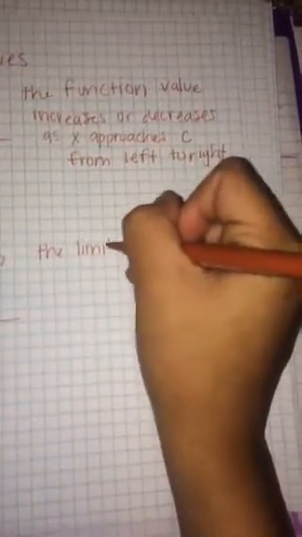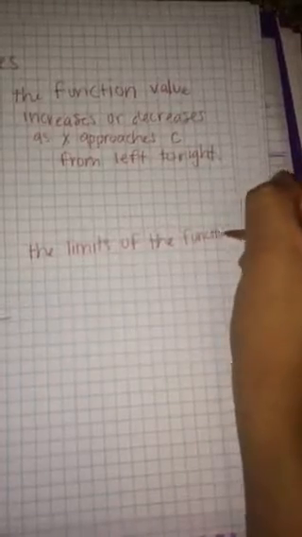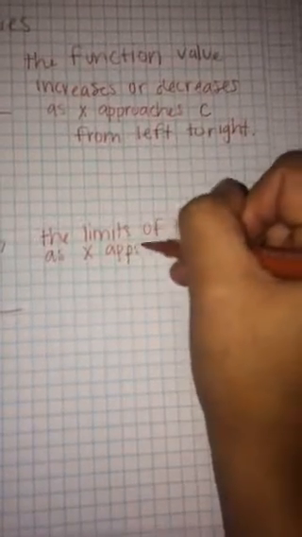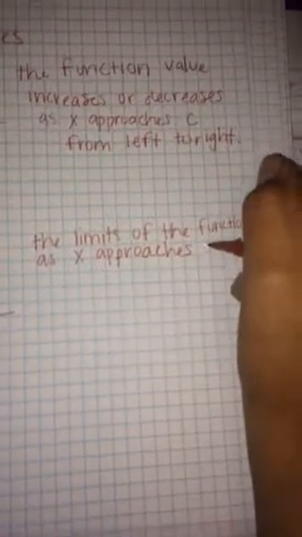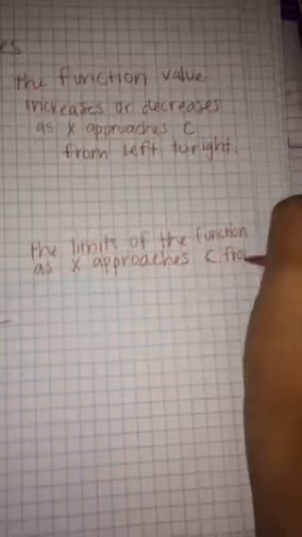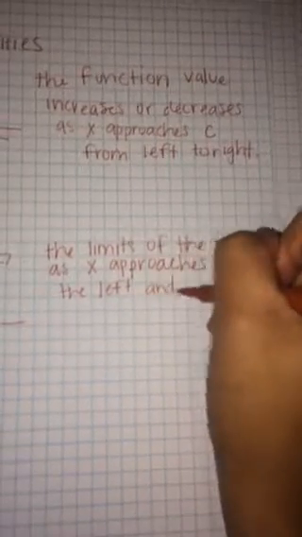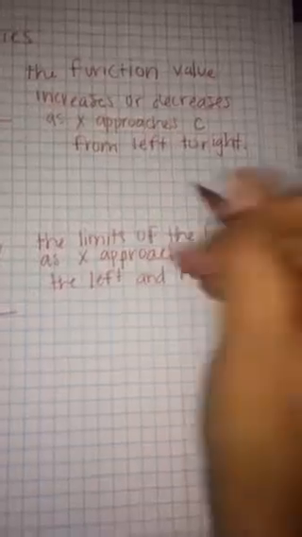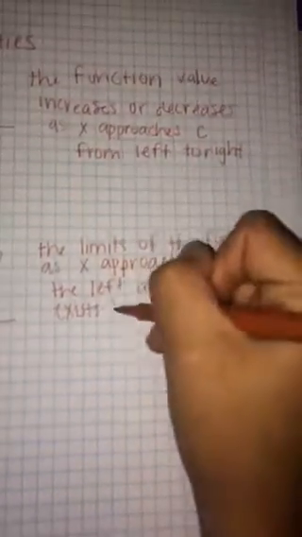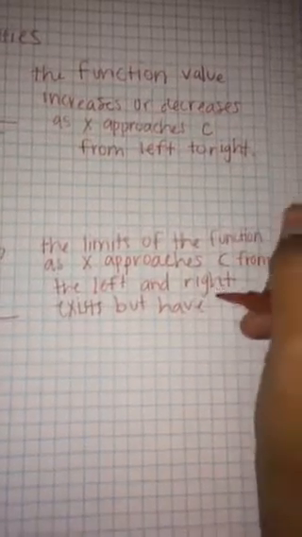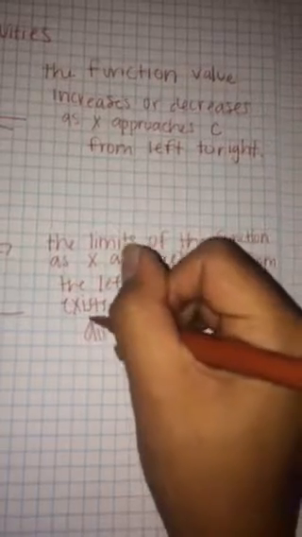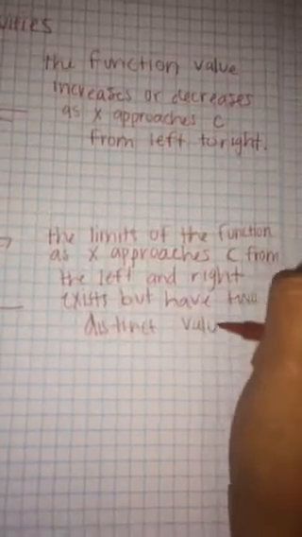And what this means is the limits of the function as x approaches C from the left and right exist but have two distinct values.